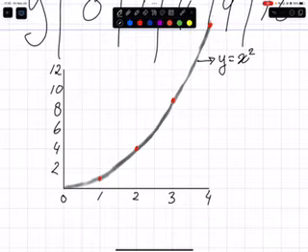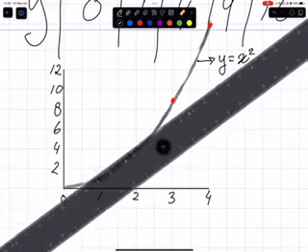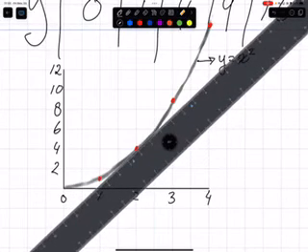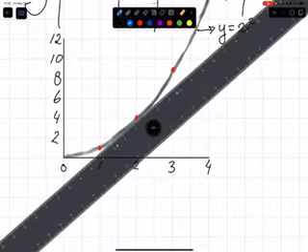So take your ruler, it only has to touch where x is 2. And you draw a line. X is 2. Only there. Should only touch it there.